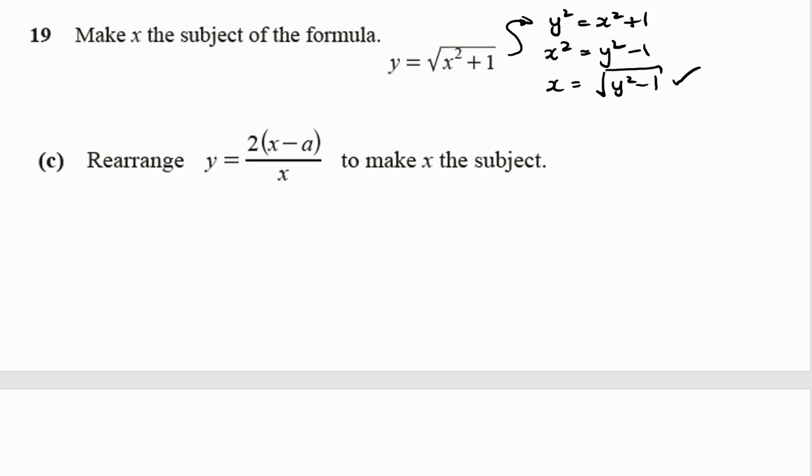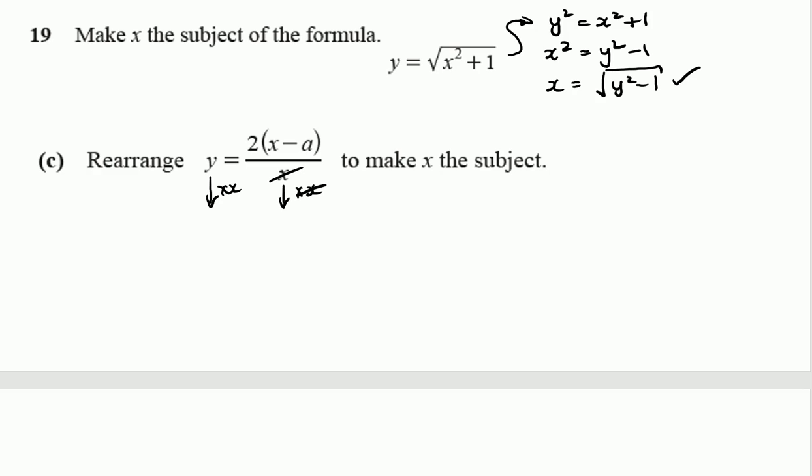Now I'm asked to rearrange y equals (2x minus a) over x to make x the subject. Now this one is going to be one of the most complicated ones that we do, because x appears twice. So, the first thing to do here is realize that that fraction isn't anyone's friend, so I'm going to multiply through by the denominator, as always, to get rid of it.